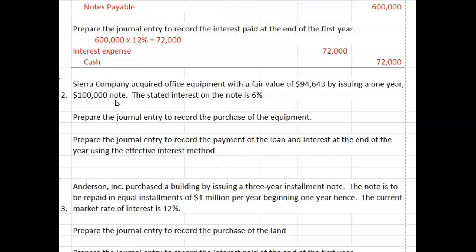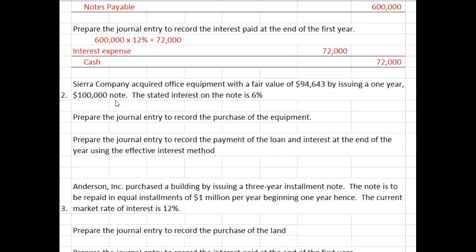The stated interest on the note is 6%. So the maker of this note, the person from whom we bought the office equipment, will expect to be paid at the end of the year the $100,000 in principal plus $6,000 in interest. That's $100,000 times 6%.